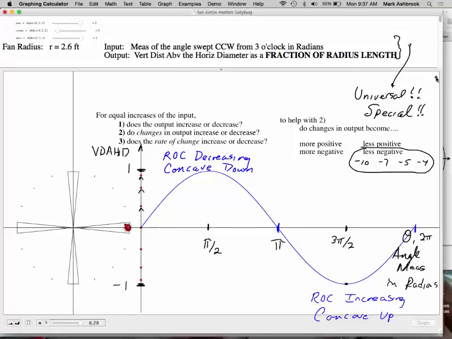Okay, so we have a name for it. If I were to define this function, say f of theta, this relationship that outputs our dependent variable, the vertical distance above the horizontal diameter as a fraction of the radius length. Some of you know it. What is it called? This is what sine is.